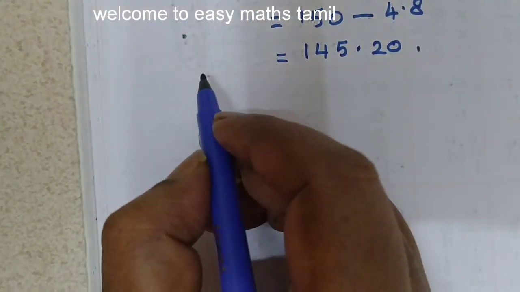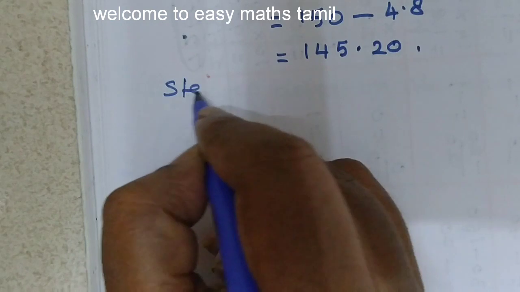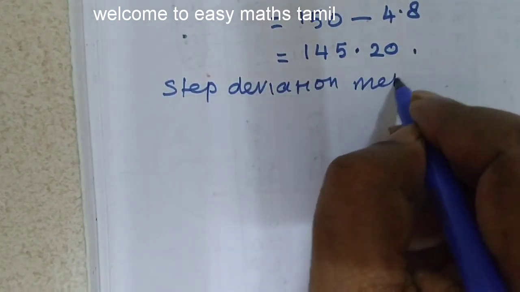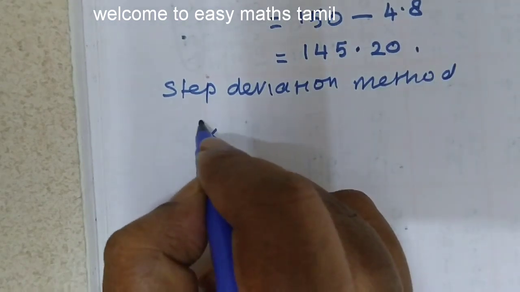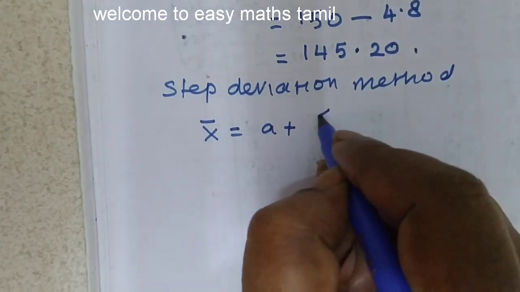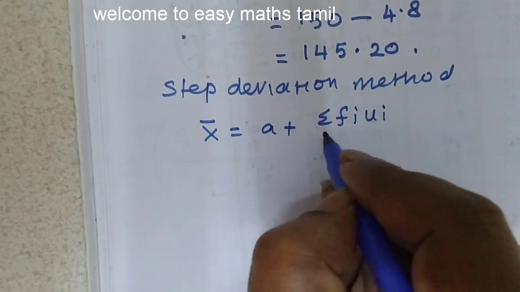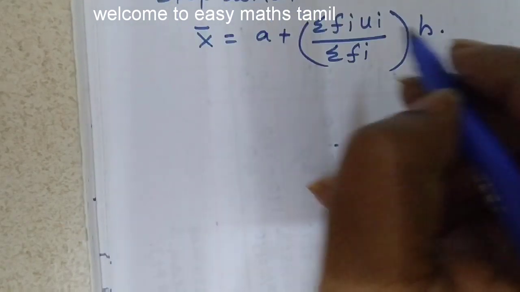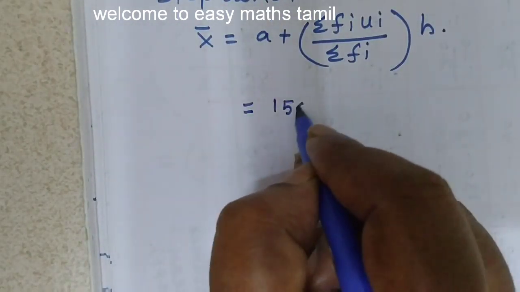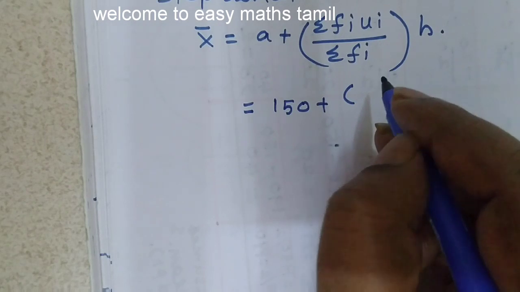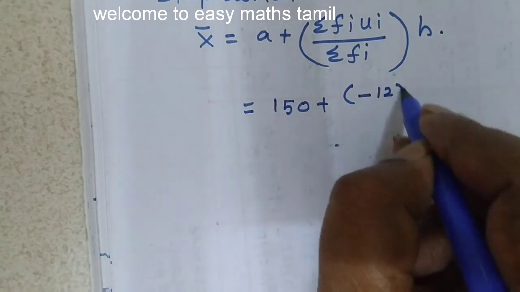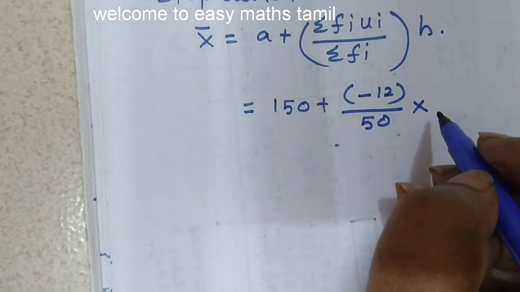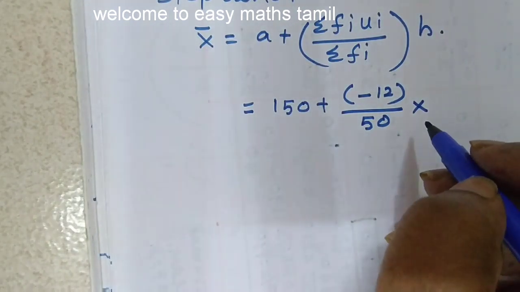As per the step deviation method, mean is A plus sigma fi ui divided by sigma fi into h. A is the assumed mean, h is the class size. 150 plus sigma fi ui is minus 12 divided by sigma fi is 50, into class size 20. H value is 20.